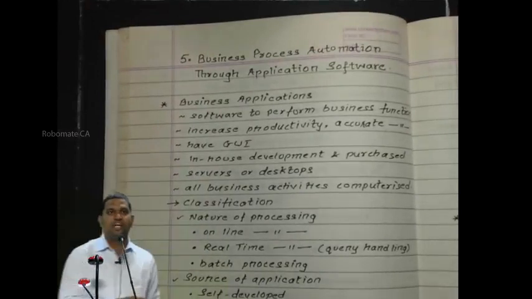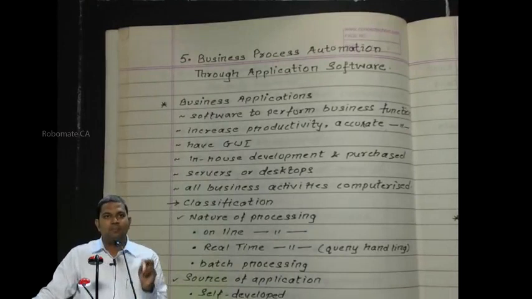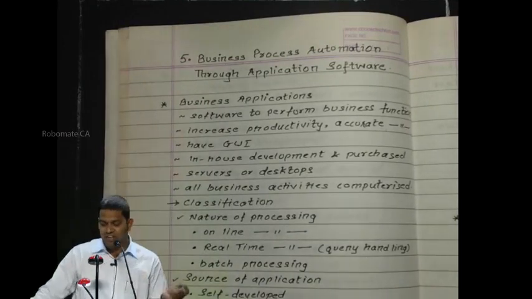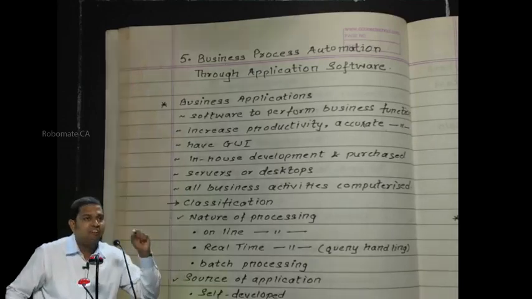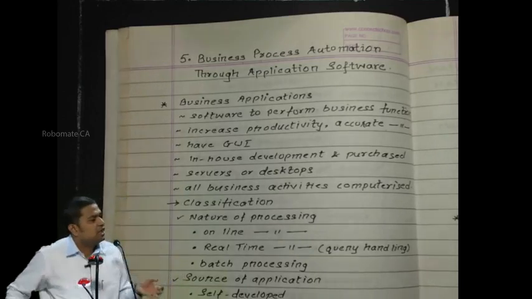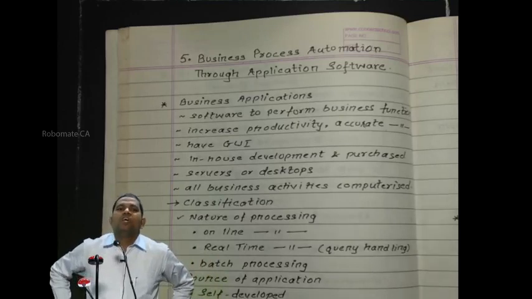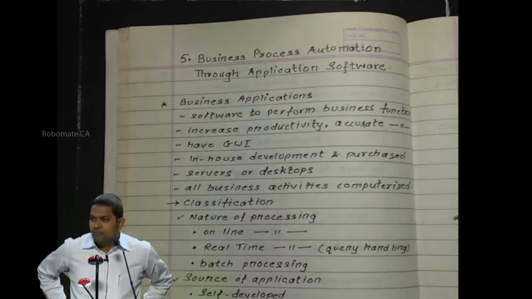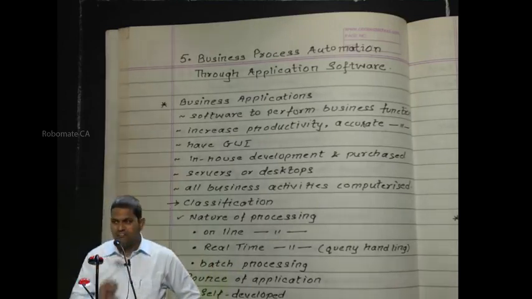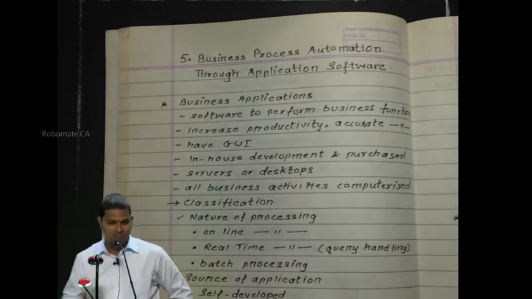We started our journey last Sunday by discussing something called business. We started with what is business. We learned what is process. We learned what is business process, and we also learned a topic called business process automation. Now we understand what is this business process automation. Then in subsequent chapters, that is 2 and 3, we learned what is hardware, what is software, and what is application software.